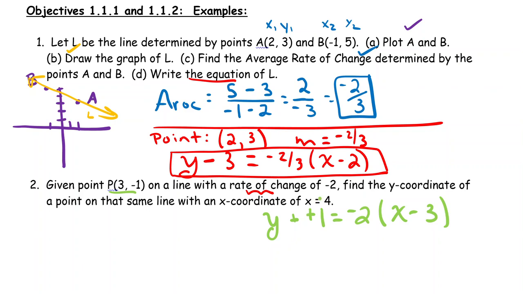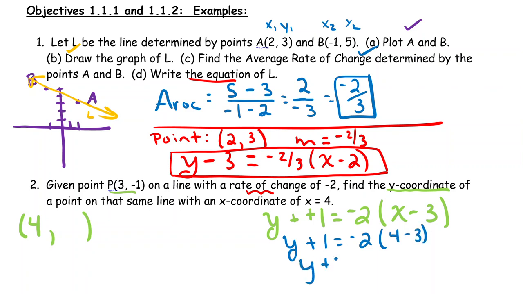Now on this same line, there is an x value of 4. What's the y buddy that goes with it? That's what this question's asking. Find the y coordinate. So now that I have the equation, I'm going to substitute my 4 in for my x to find out what y is. And I know that y will be equal to, let's see, 4 minus 3 is 1.